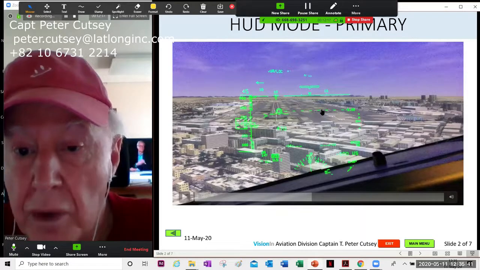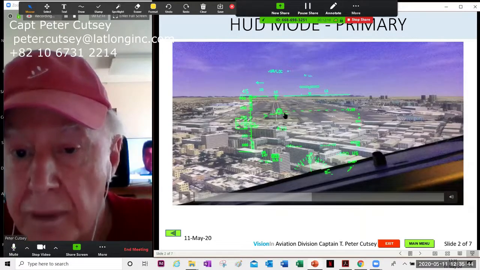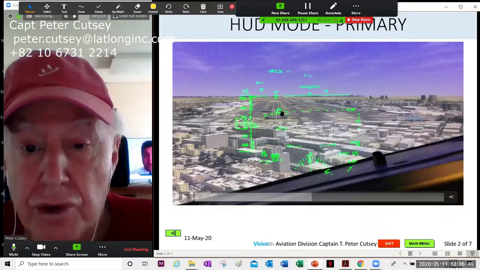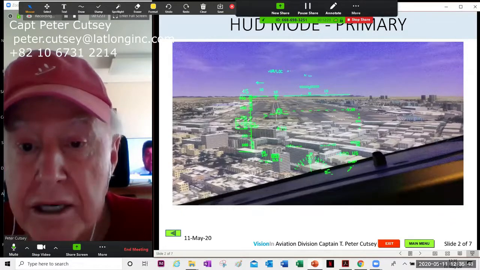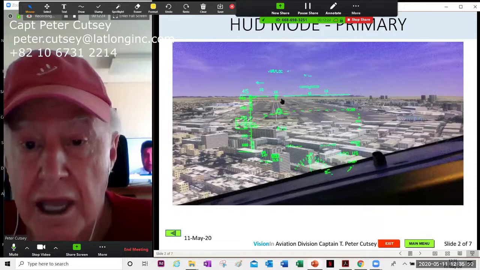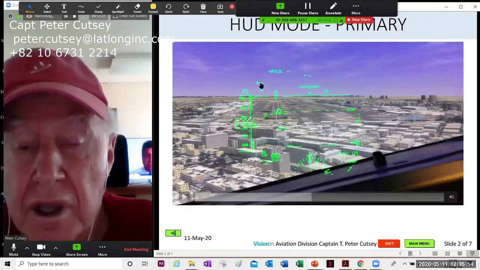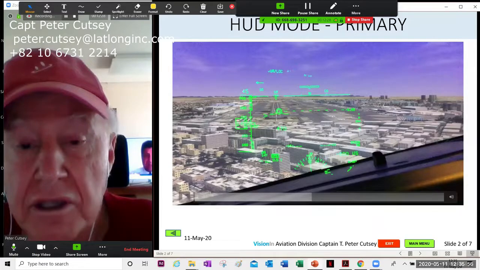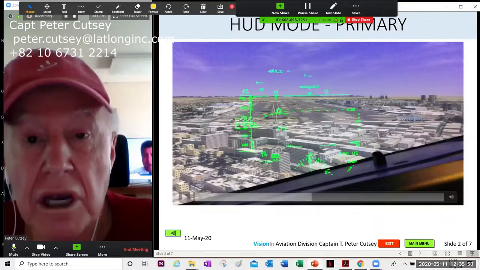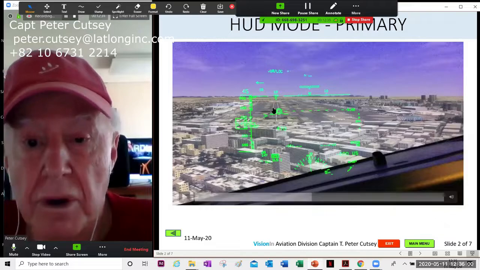Conversely, if the wind was from the left, it would be off to the right. As the wind, say, was stronger, let's say this wind, instead of being 15 knots, was your crosswind component limit for landing. Let's say it was 33 knots for all intents and purposes.